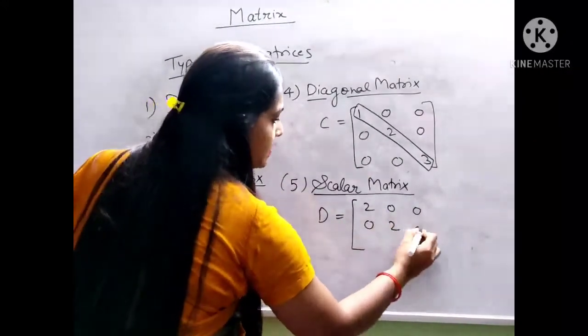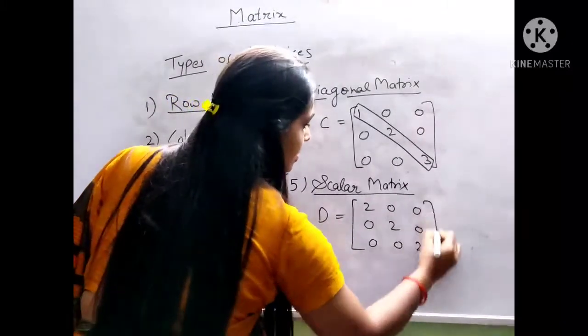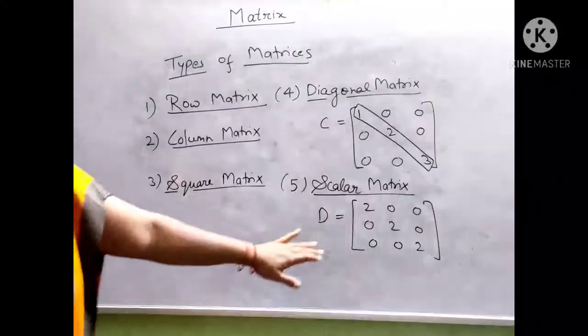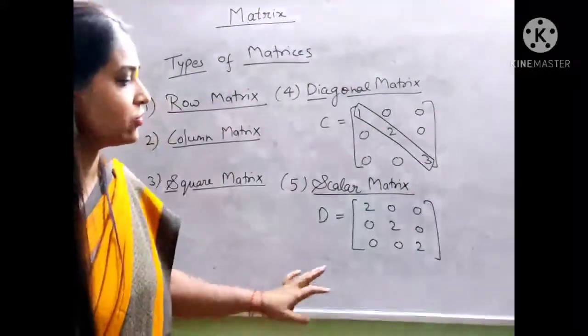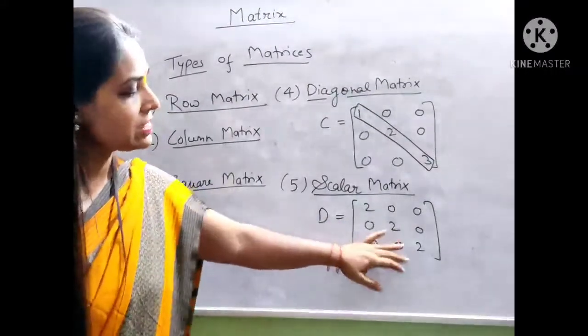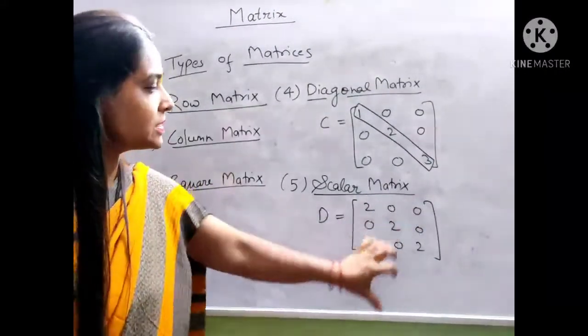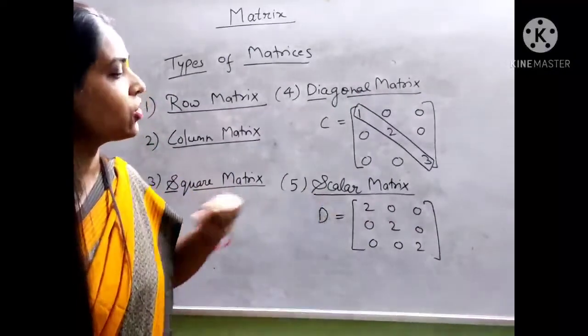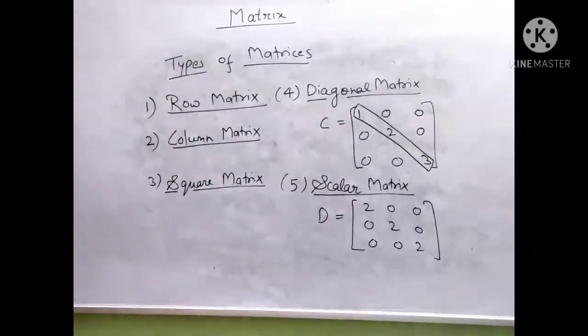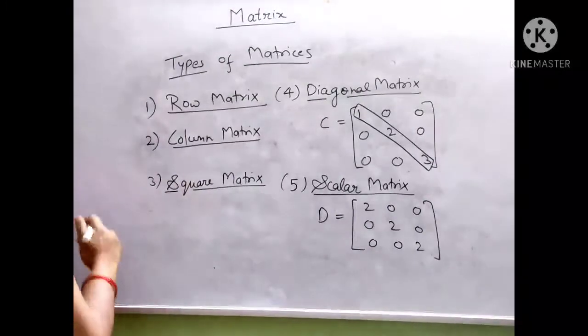The diagonal elements should be equal. We can take any number, but we have to choose the same number in the diagonal. If the diagonal elements have the same value and the rest of the elements are 0, then the given matrix is called a scalar matrix.